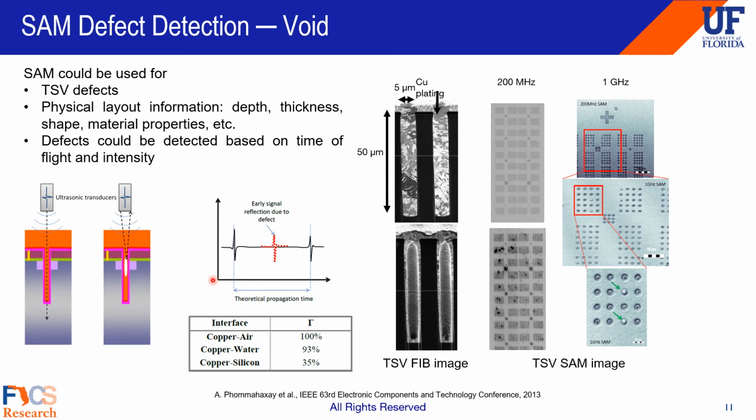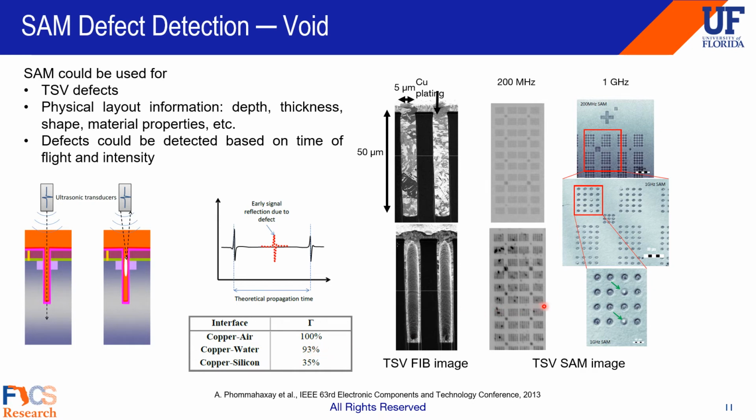Let's say we have a void here. So how do we use these reflections to get that information? Well, the probe will receive the reflection signal earlier than expected if there's a void present. The intensities of the reflection could also help us get an idea of what the defect is made of.